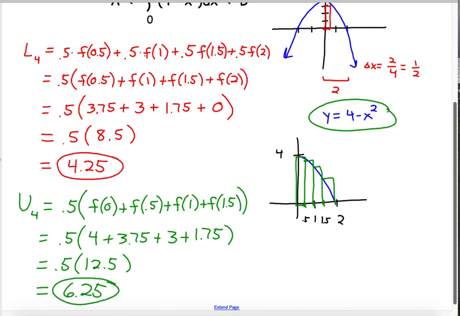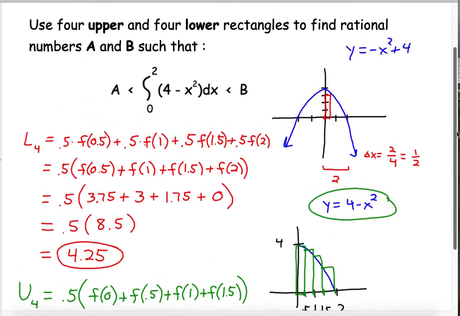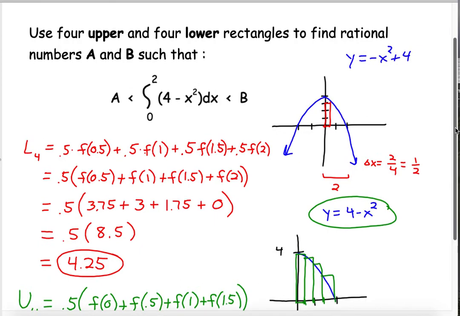So I know using 4 rectangles, my over approximation would be 6.25, and my under approximation would be 4.25. So going back here, let's use a different color blue, for A, 4.25, and for B, 6.25. And there you go.